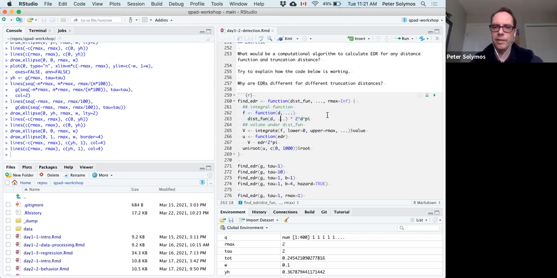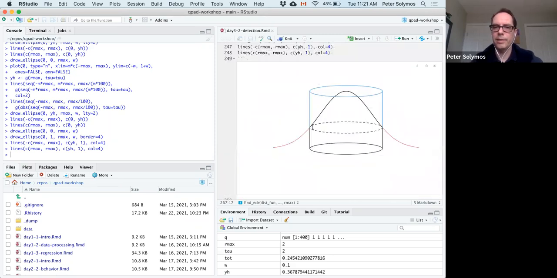So this is the weighted distribution we need to be able to calculate the integral and as a result the volume. So this next line captures the volume through the integral. And then there is another function which calculates EDR based on volume being equal to EDR squared times pi.